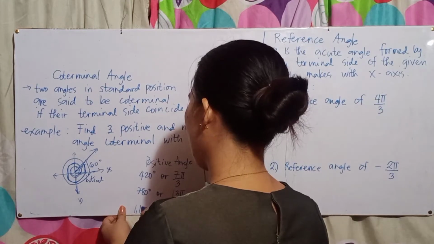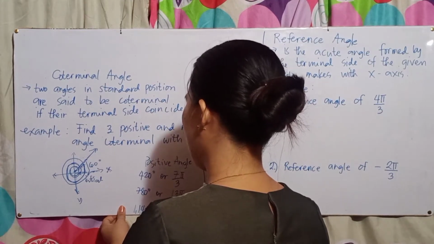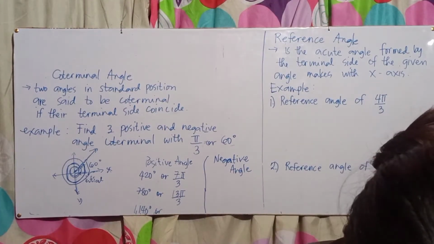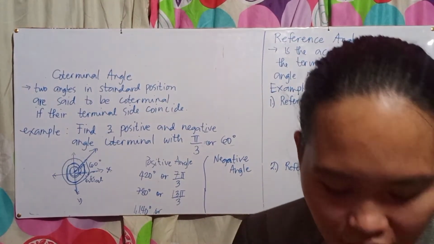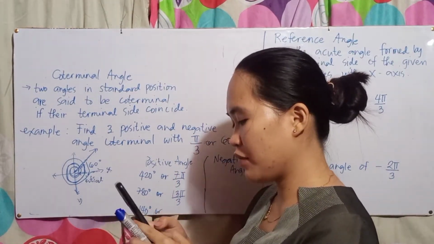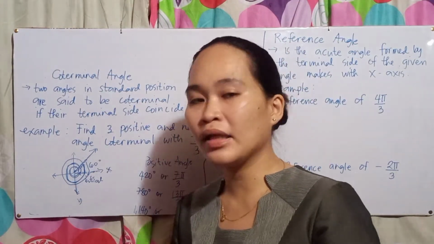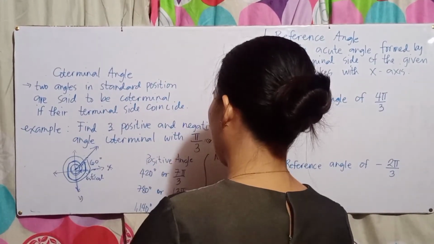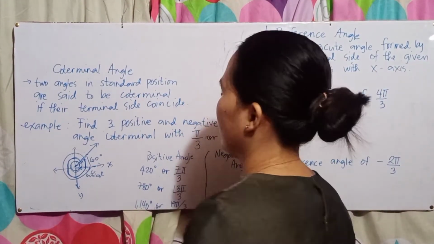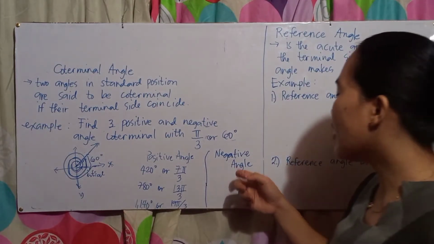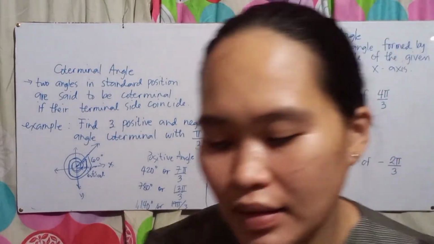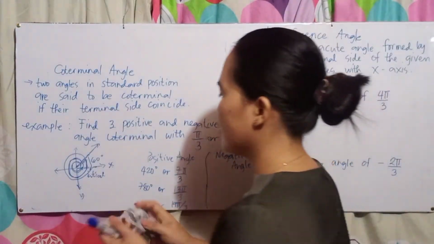Converting into radians, 1,140 divided by 180 is 19 pi over 3. Now, for a negative angle, the rotation is clockwise.